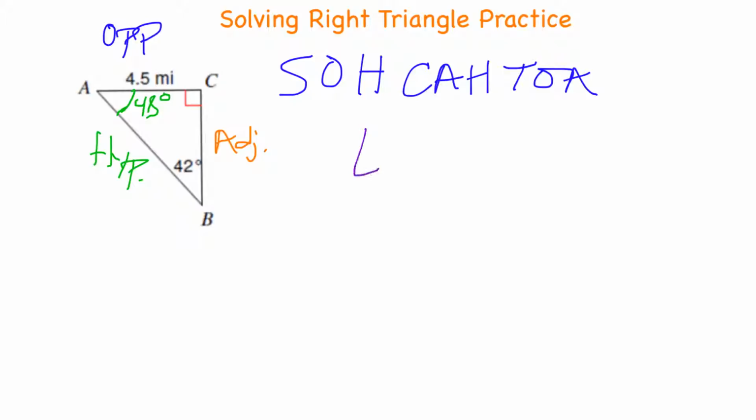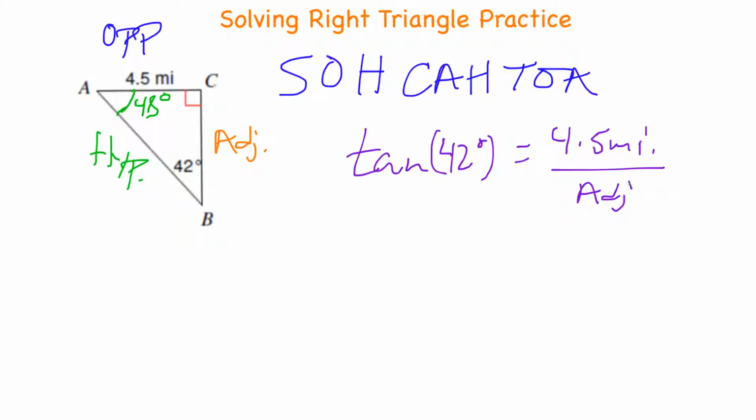So let's write that out. The tangent of 42 degrees is equal to the opposite side over the adjacent. Alright, and it is the adjacent side we're after, so we're going to multiply both sides by adjacent.